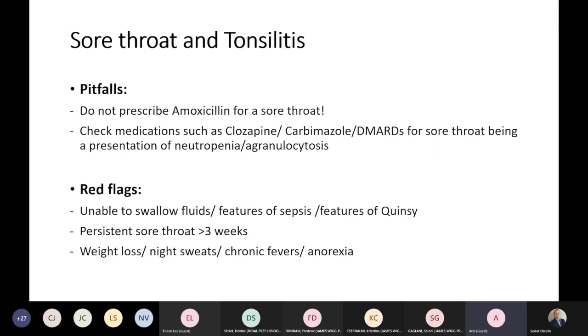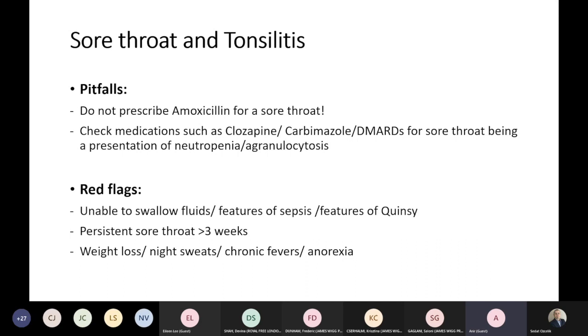In terms of red flags, if someone's got a persistent sore throat, you may also want to think about other aspects such as weight loss, night sweats, and fevers, and these may suggest presentations of malignancy such as haematological cancers like leukaemias, lymphomas, and other kinds of malignancies as well.